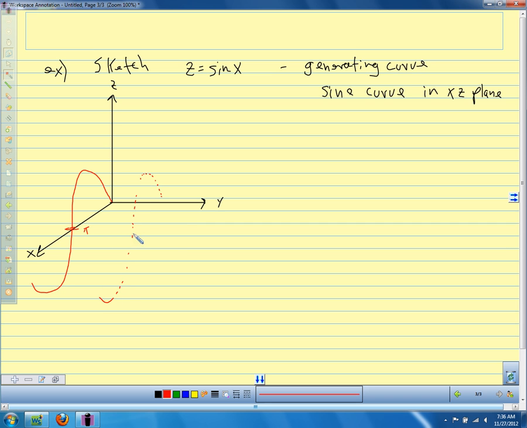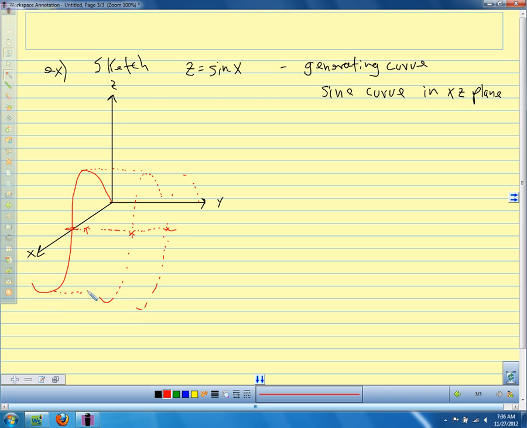And we'll say this is where it goes through the xy plane. And same thing a little further out here. Like so. So we're going to have this surface, and it's going to extend in the negative x direction also. So we'll have this surface like so. And I guess this little x should be here where it goes through the plane.